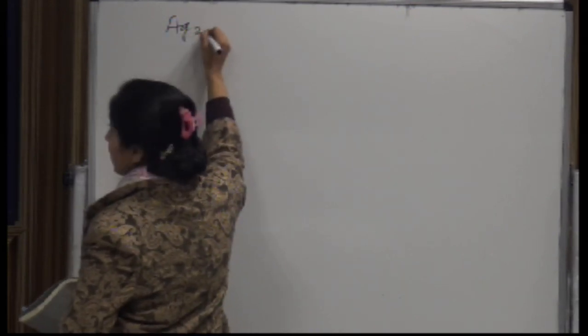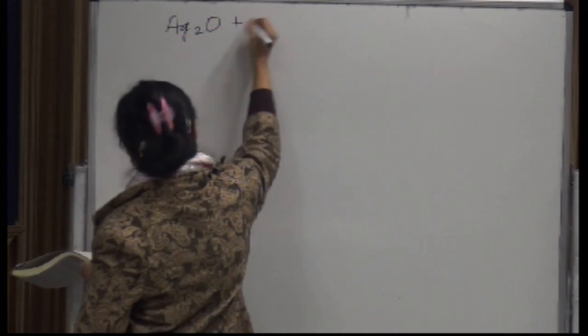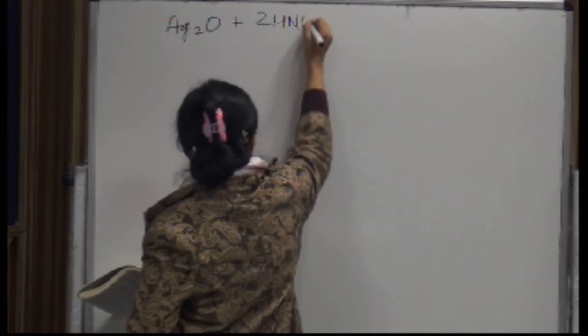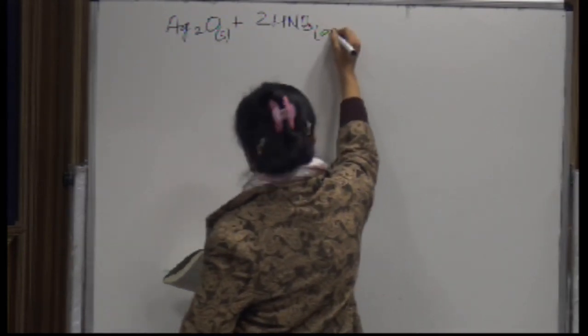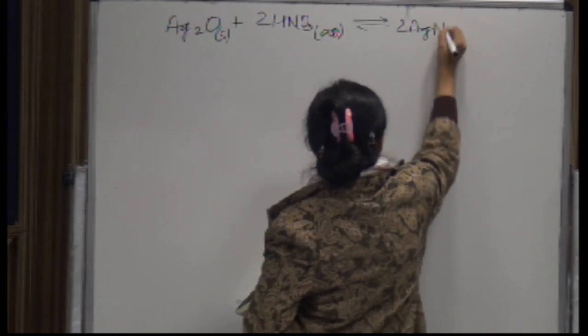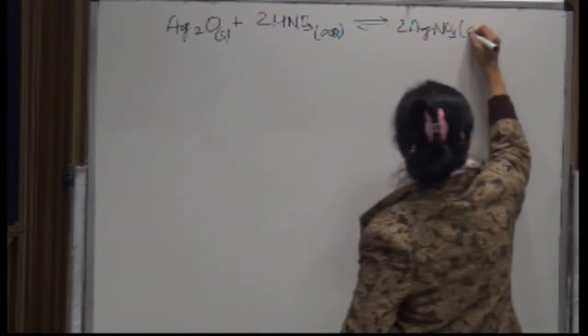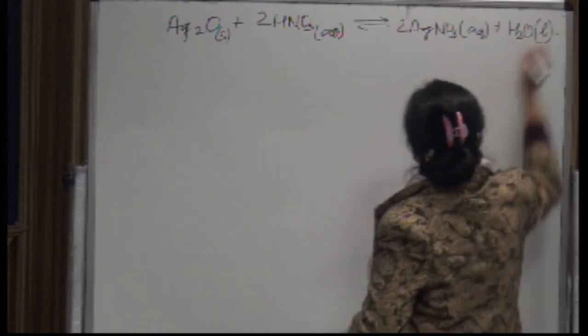So take down this, if you have understood this, write down the Kp Kc value again for this. So Ag2O plus 2HNO3. Ag2O is in the solid form, 2HNO3 is in the aqueous form. That's giving 2AgNO3, that's in the aqueous form, plus H2O, that's in the liquid form.